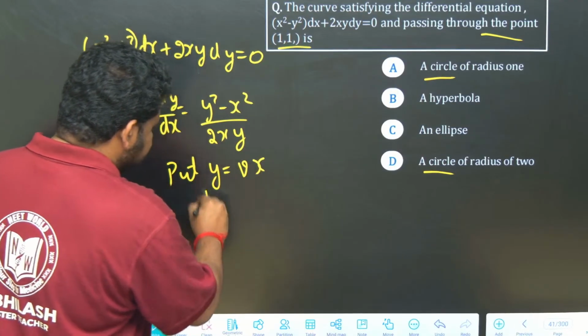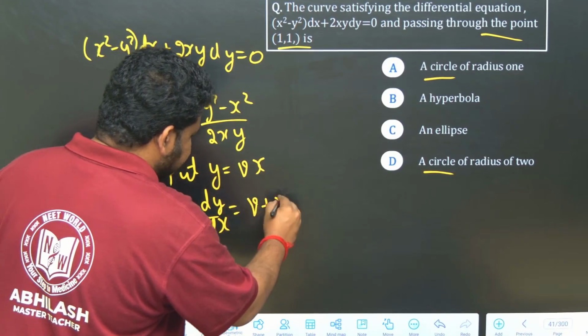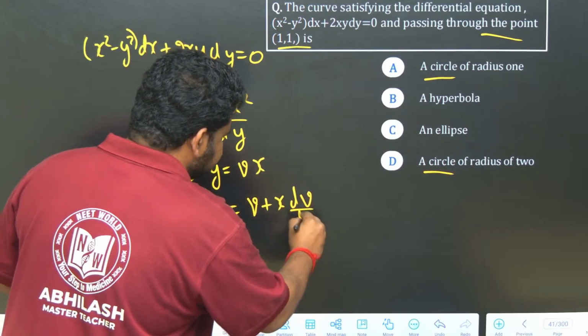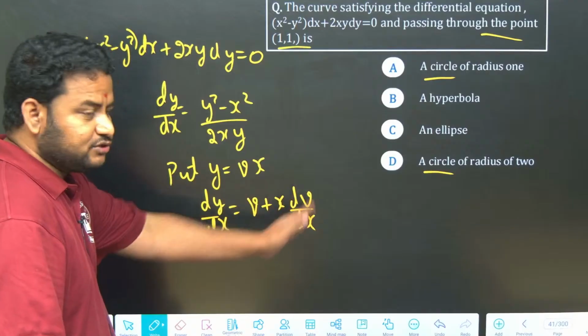So this will become what, friends? Dy by dx, if I differentiate with respect to x, becomes v plus x into dv by dx, correct? So the LHS will become v plus x into dv by dx.